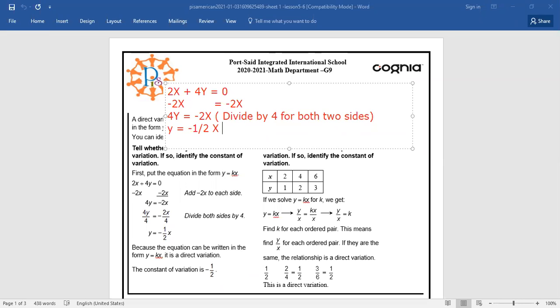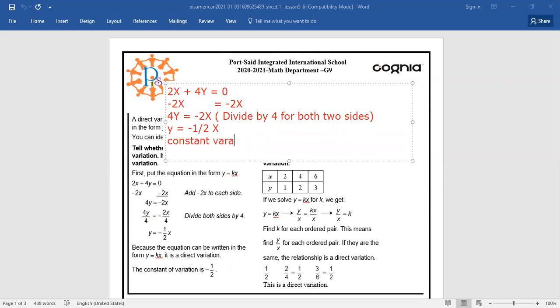Because the equation can be written in the form y equals kx, it is a direct variation. If we can't write it in that form, it will not be a direct variation. So this is how we can prove it. If I ask you now, what is the constant of variation in this question?